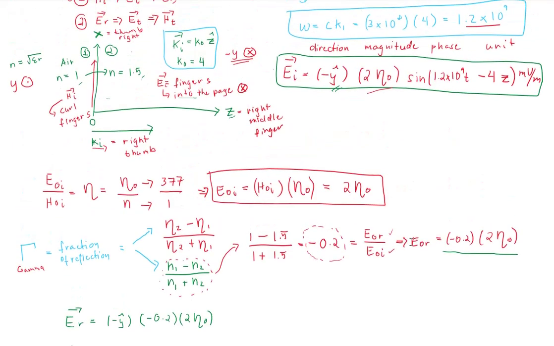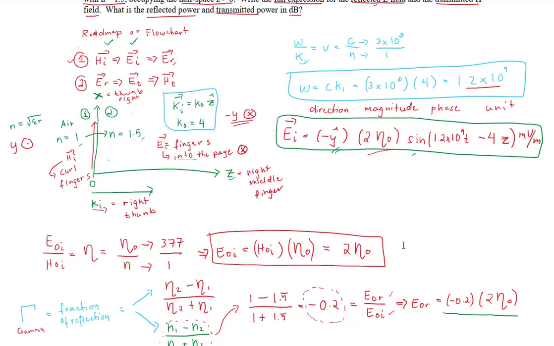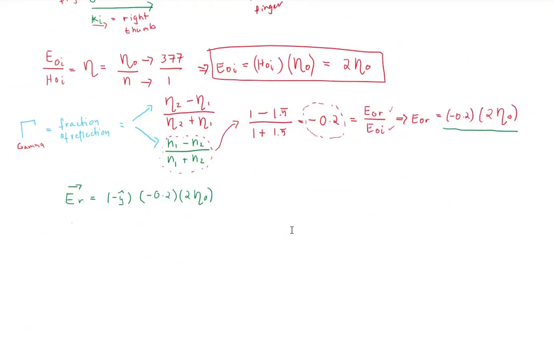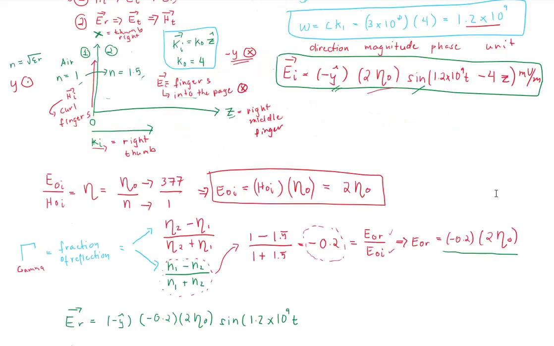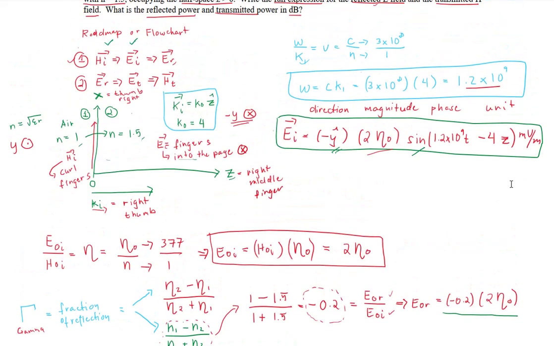Now our phase is still going to be sine, right? Sine of 1.2, that's for omega, times 10 to the 9 t. And reflected has a negative k, or the opposite way.